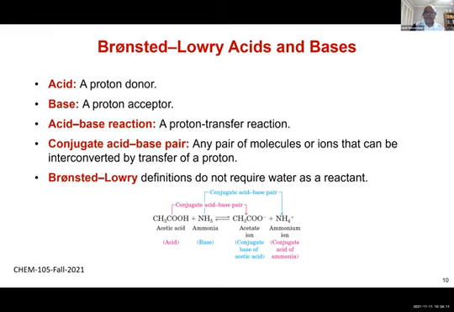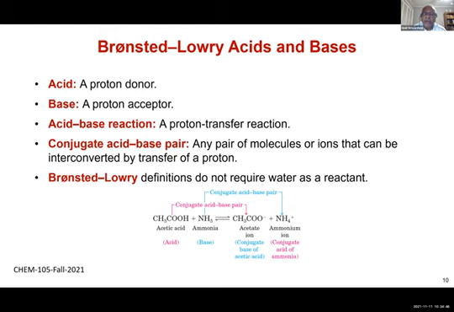Now this conjugate acid-base idea, let's look at how we describe that. For the forward reaction, the acid and base are acetic acid and ammonia. Once the acetate ion and ammonium ion form, the backward reaction takes place. In that case, the acid is ammonium ion, and acetate ion is the base in the backward reaction going towards the reactants.